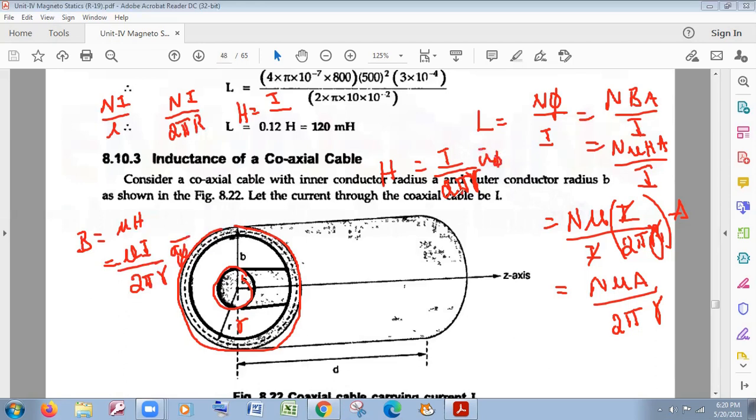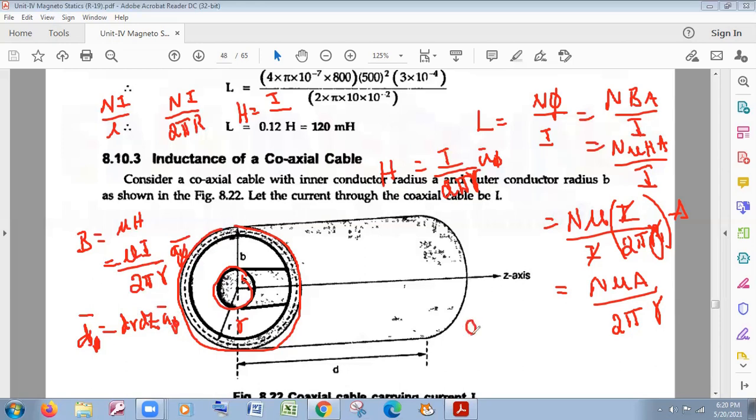B is equal to the differential surface. The differential surface along the phi direction is dr dz into a phi bar. Got it, my students?